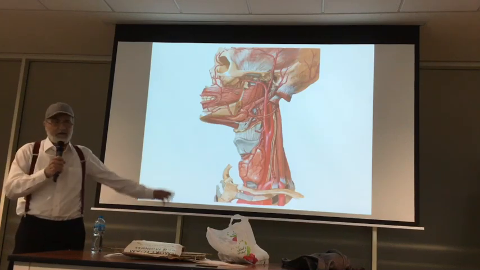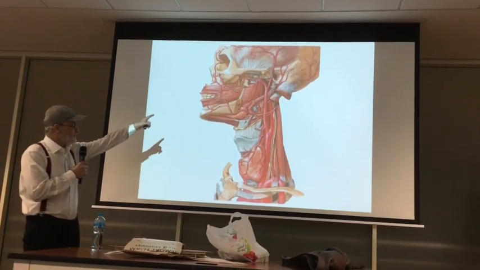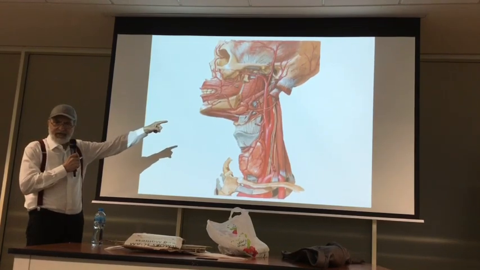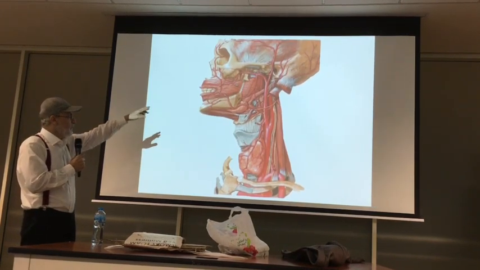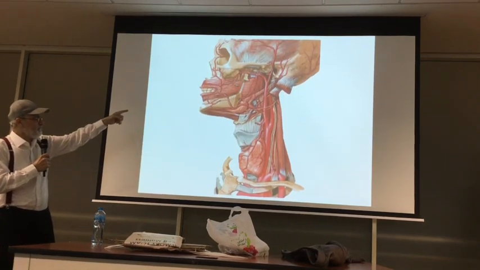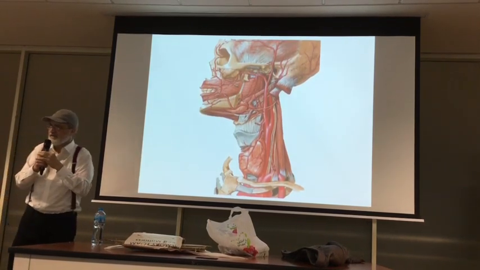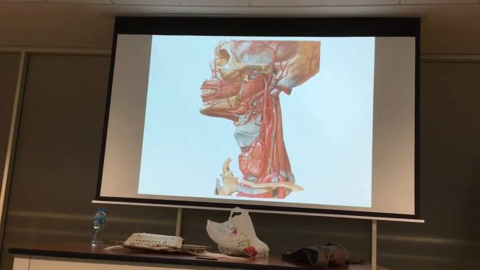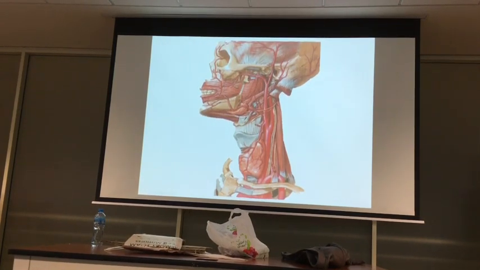So, the pterygomandibular raphe is between the hamulus and the mandible, in the area between the ramus and the last molar. And as you can see, attached anteriorly is a muscle which is forming the lateral wall of what we're studying today, the vestibule of the mouth.